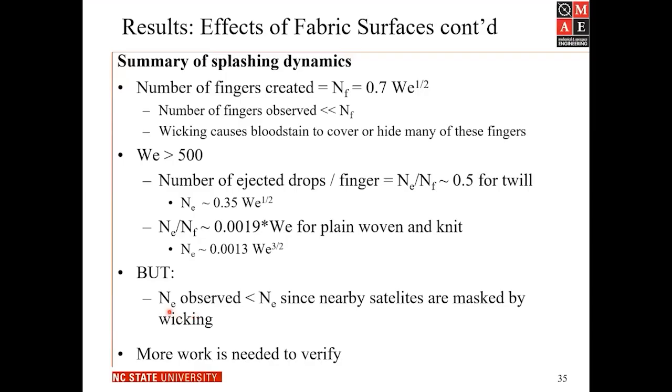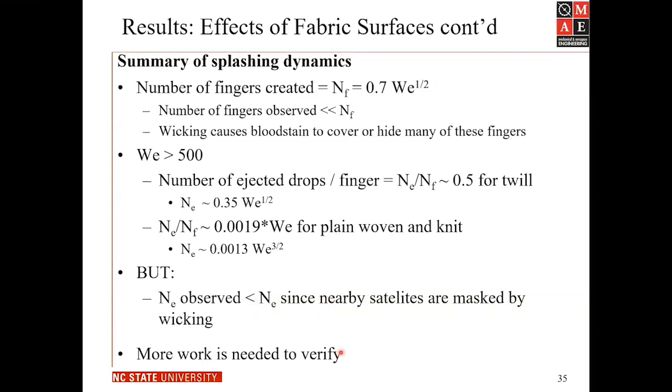The number of observed ones is less than the actual number, but since the satellite drops tend to be thrown a fair distance from the parent stain, we will see most of the ejected droplets at moderate speeds.